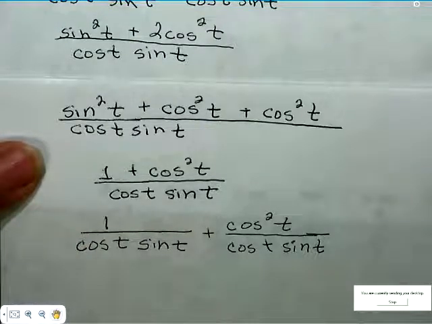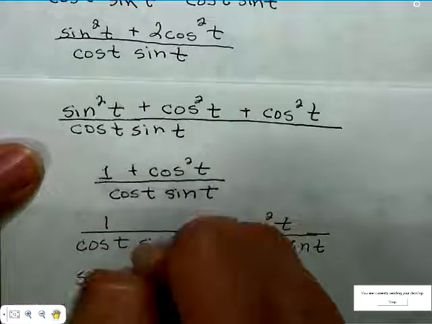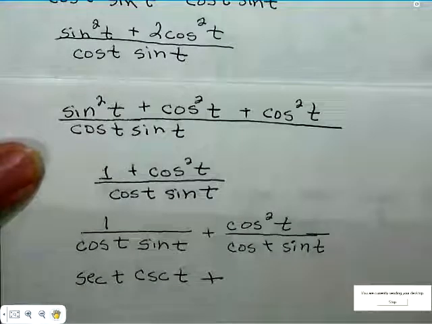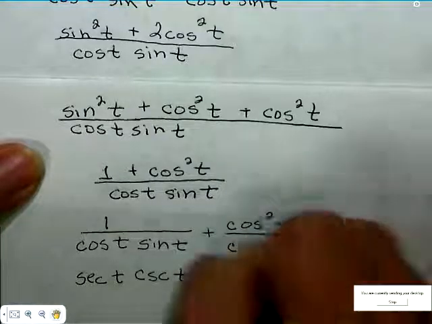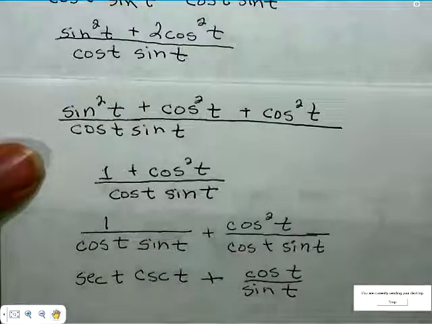I'm going to go ahead and say that that is secant t cosecant t. And in the second fraction, the cosine in the denominator cancels one of the cosines in the numerator and leaves you just cosine t over sine t. And that's the definition of cotangent. And that's what we wanted.